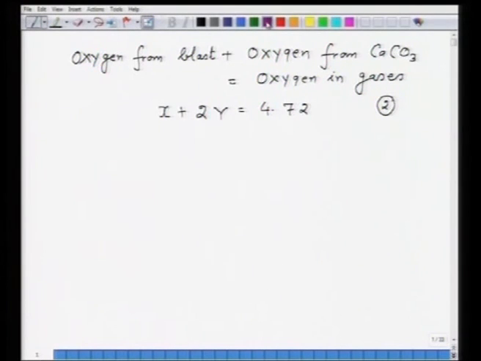Now, by solving equations 1 and 2, they are simultaneous equations, two equations and two variables, so it can be solved.